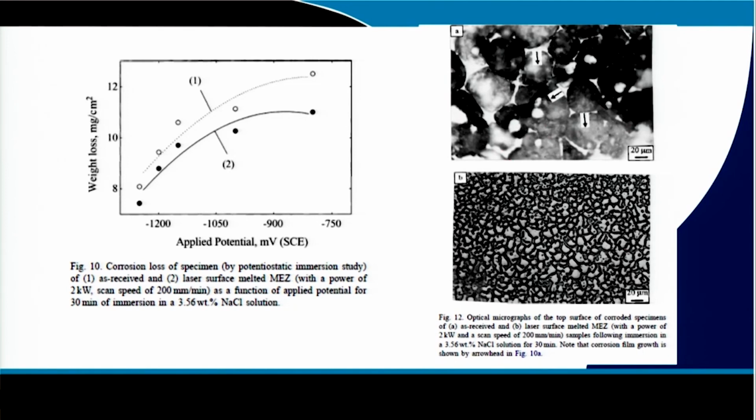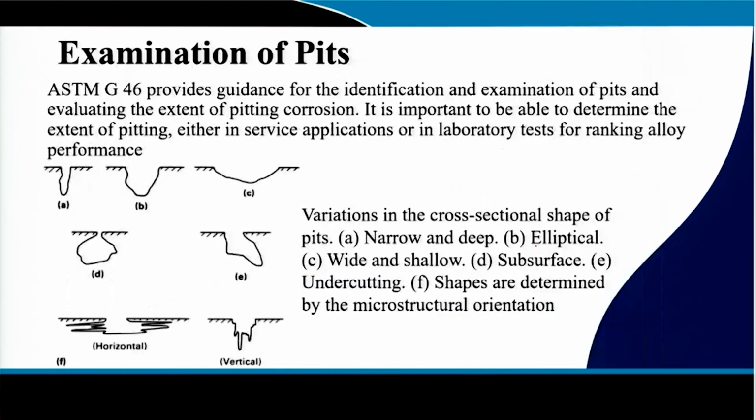On the other hand, because of the typical surface melting, we found that the film is more or less quite uniform, and it is also very strong in nature. So, because of the refinement of microstructure and formation of the protective film all throughout.